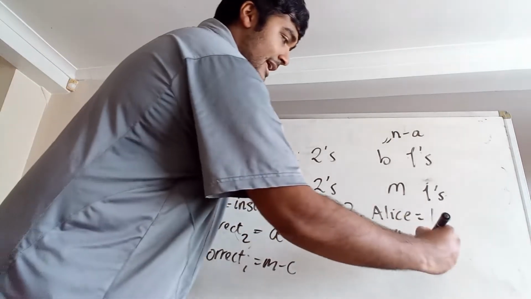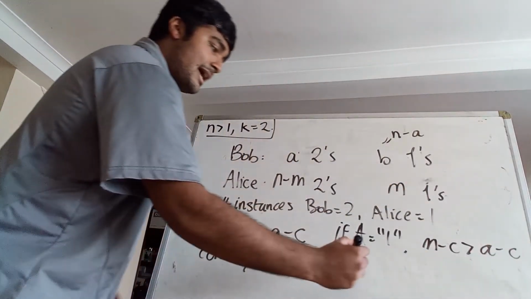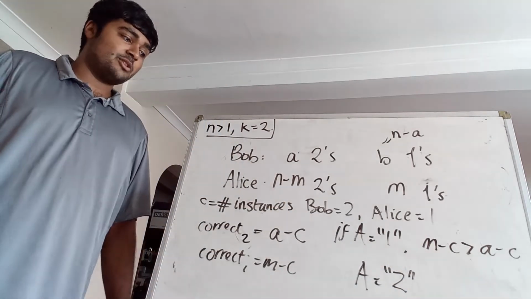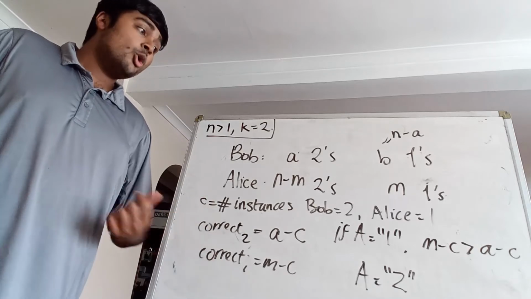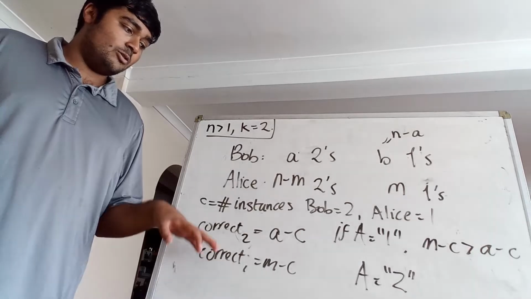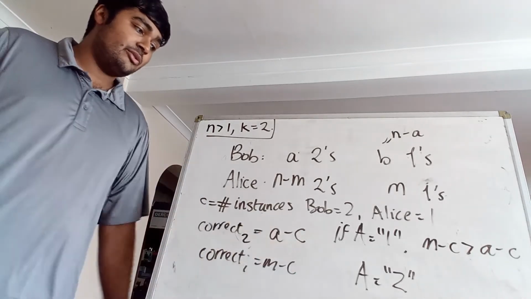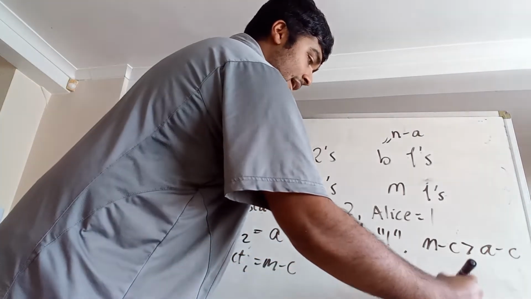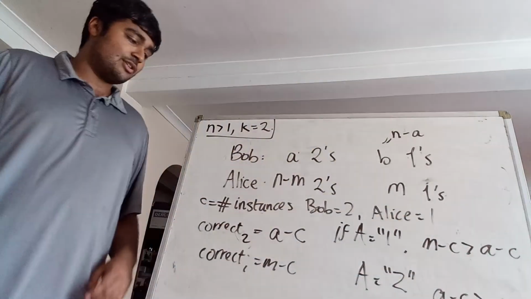So that tells us that M minus C is bigger than A minus C. And if Alice says 2, which is the only other option, we either have no matches whatsoever, in which case these are both 0, or we have that this is bigger than or equal to this, because remember, if it's a draw, then we're choosing the higher digit, i.e. 2. Notice that all those cases are equivalent to A minus C being bigger than or equal to M minus C.